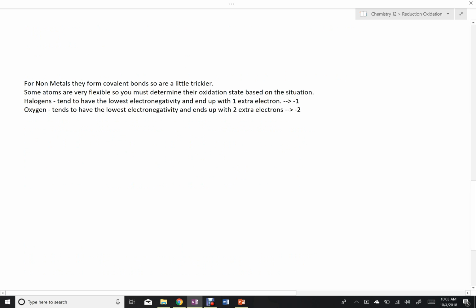Nonmetals are a little trickier. Some nonmetals, especially the nonmetals near the staircase, carbon, phosphorus, sulfur especially, can have oxidation states that are very tricky to predict, and you have to basically either draw the compound out or hope that you can come up with the oxidation state of everything else that's in that compound.